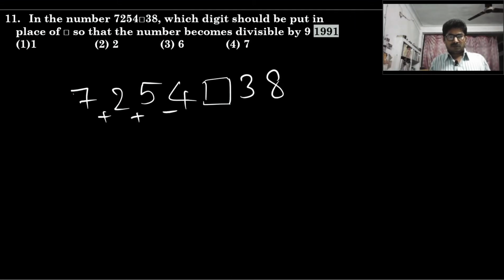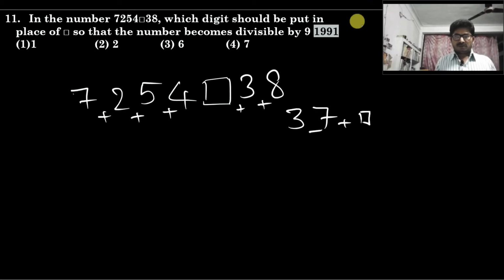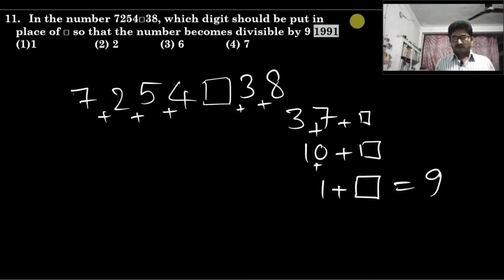Sum of this: 7 plus 2 is 9, 9 plus 5 is 14, 14 plus 4 is 18, 18 plus 3 is 21, plus 8 is 29.